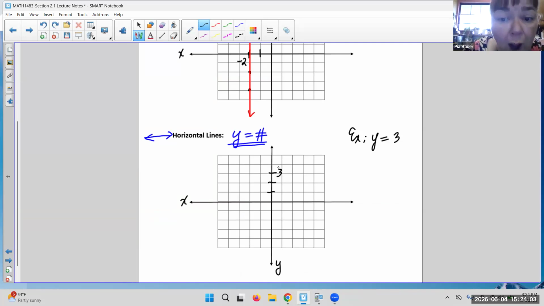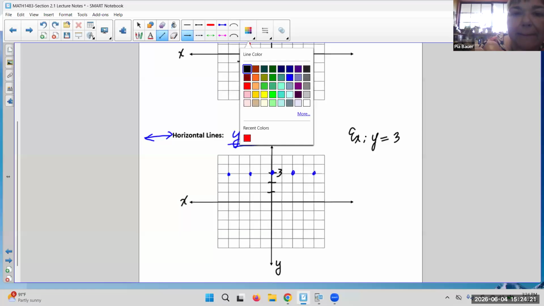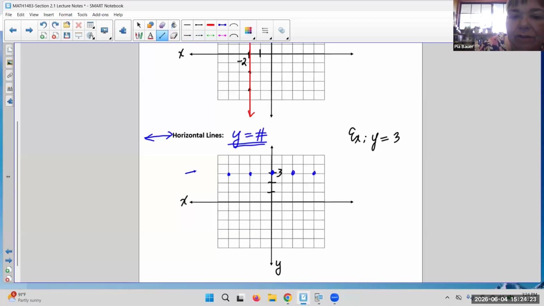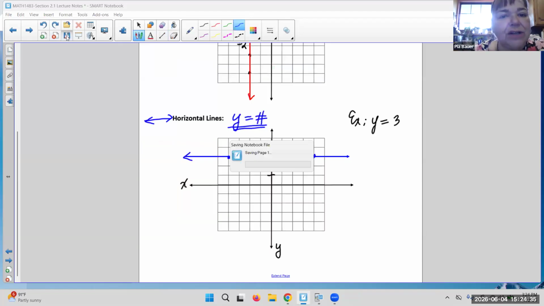But the line y equals 3 is where the y is always 3. No matter what point you look at, no matter how you change the x, the y value is always 3. So it's actually what we call a horizontal line. The horizontal line y equals 3. So those are the exceptions to this equation of a linear function.